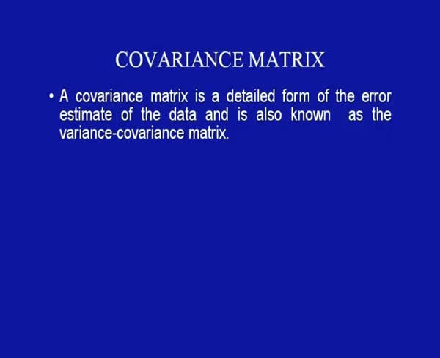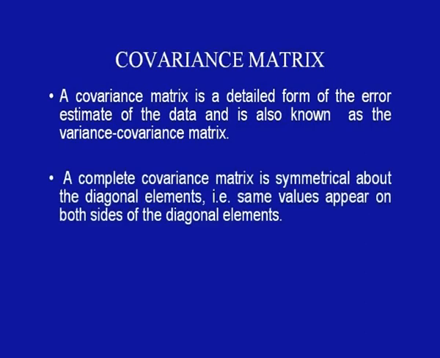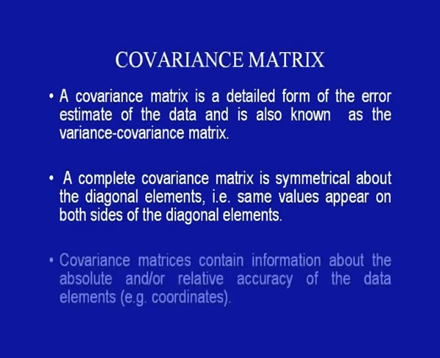So, a covariance matrix is a matrix which provides us a detailed form of the error estimate of the data and is also known as the variance covariance matrix. A complete covariance matrix is symmetrical about the diagonal elements, that is, the same values appear on both sides of the diagonal elements.